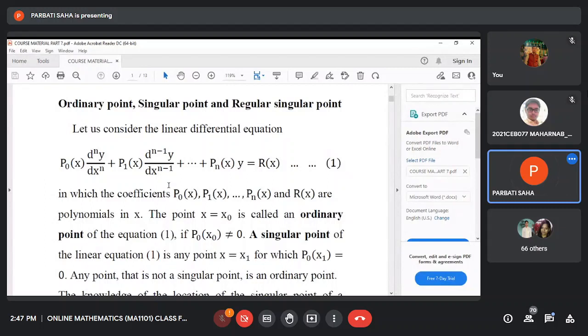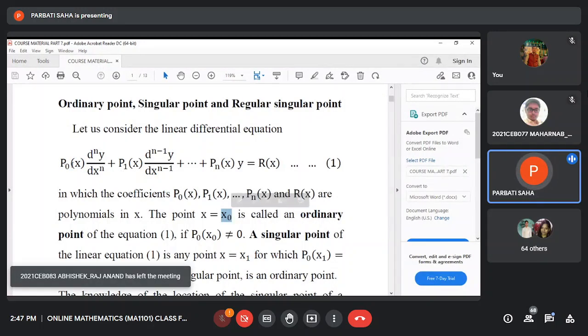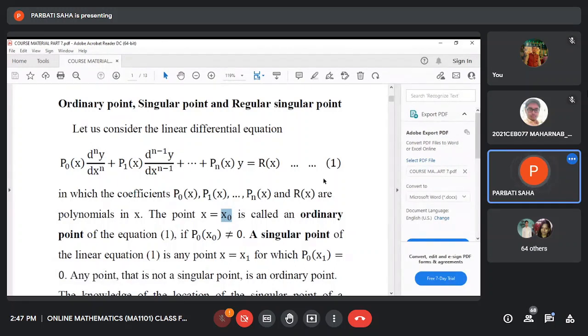Now, suppose at some point x equals x0, P0x is not equal to 0. Then this point x0 is called an ordinary point of this differential equation.